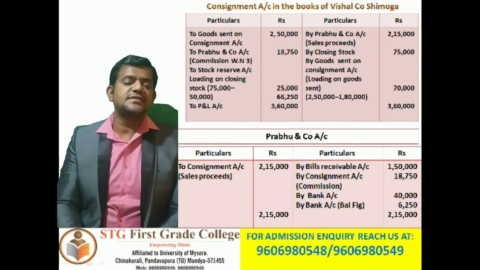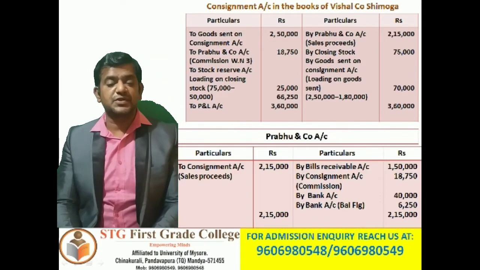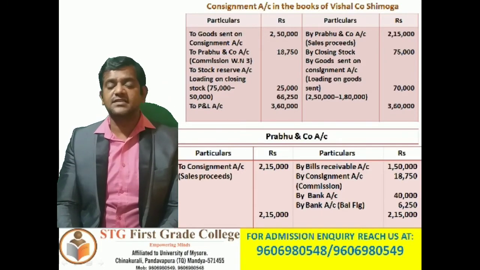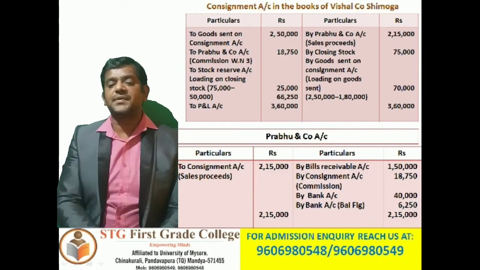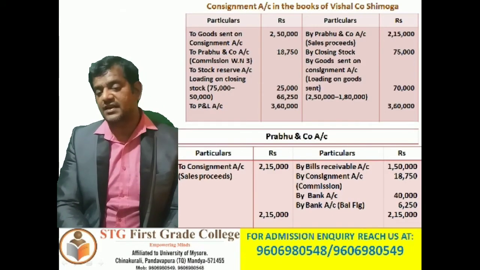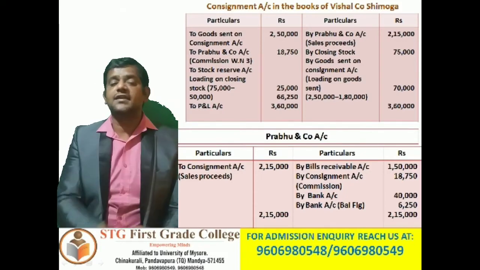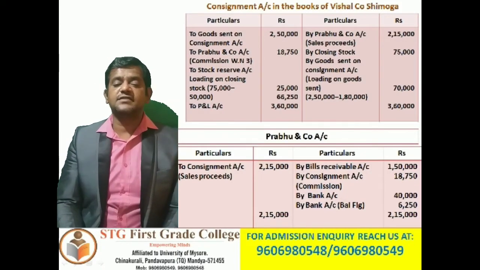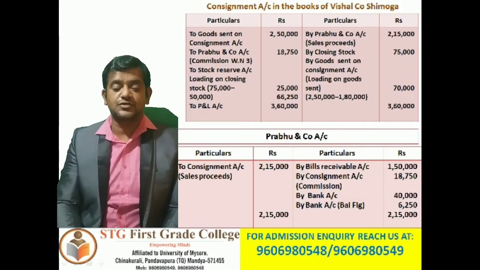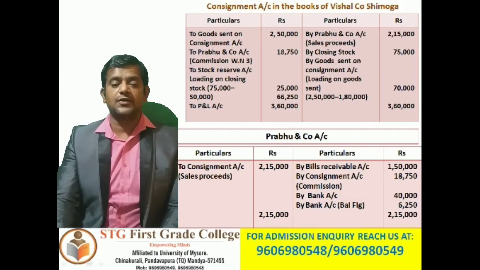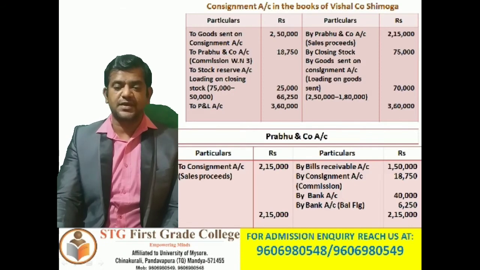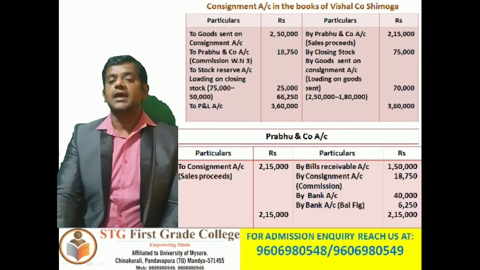To consignment account, that is sales proceeds. How much sales were done by Prabhu and Company? 2,15,000. Correct? So now go to the credit side. What was the advance received? By bills receivable account, that is 1,50,000. A bill was drawn for 1,50,000 rupees on the consignee.